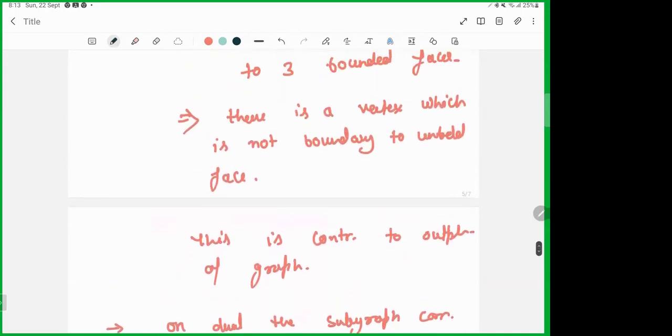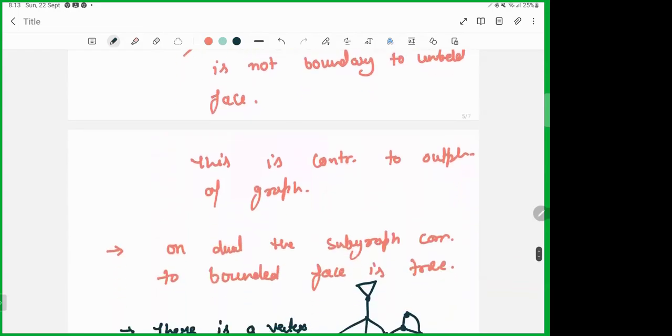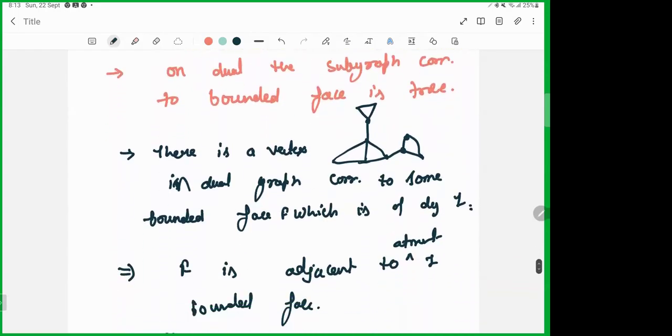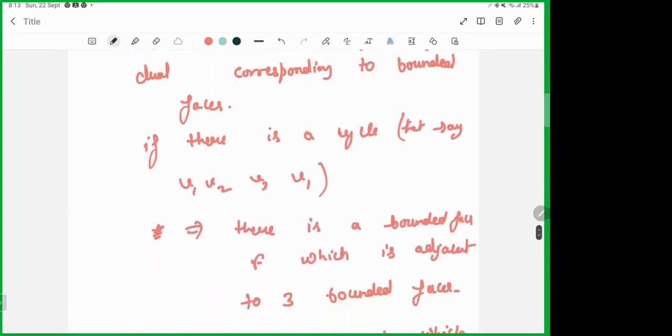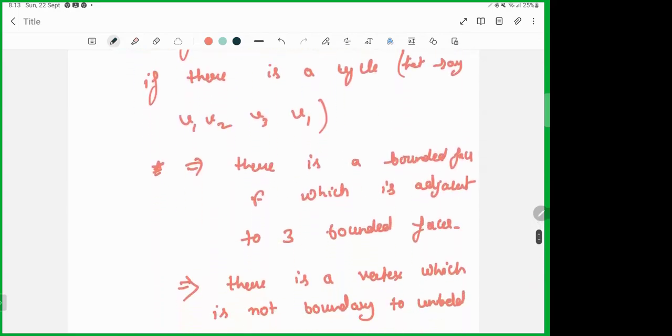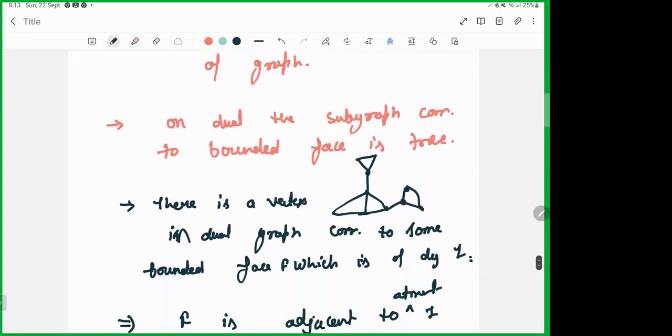So where we should improve this proof: there is a vertex which is not bounded to the unbounded space. This is the contrary. We chose our vertex as a leaf in the dual graph. So consider the subgraph corresponding to bounded space. If there is a cycle, then there is a corresponding vertex in the dual graph.